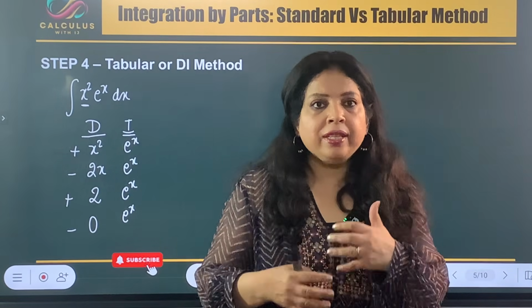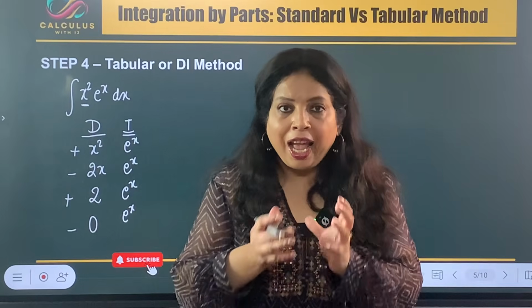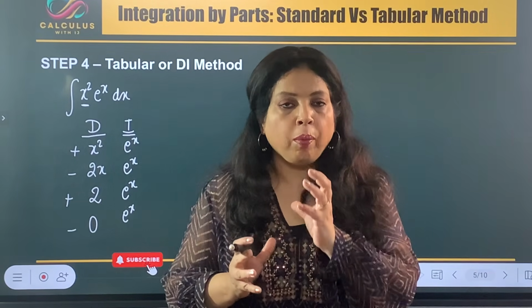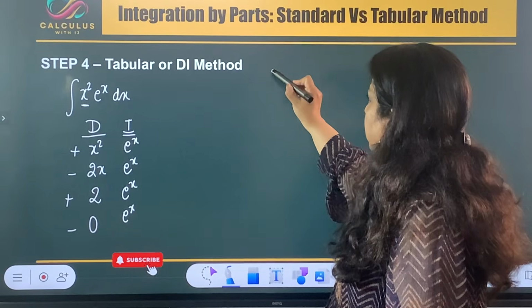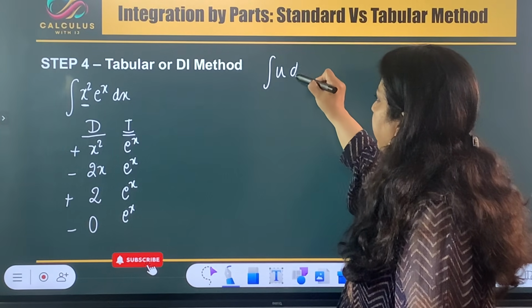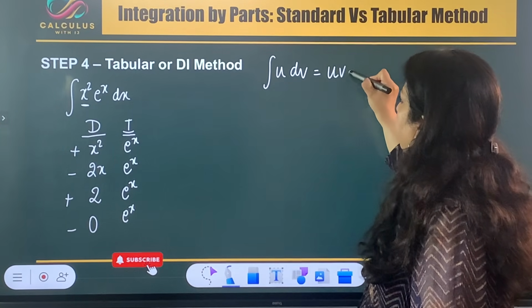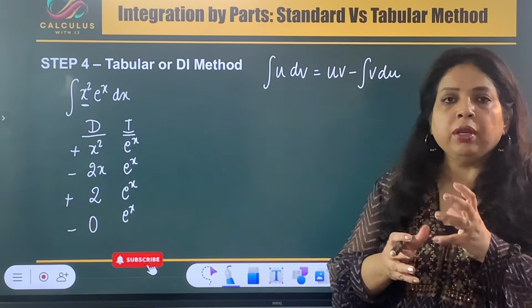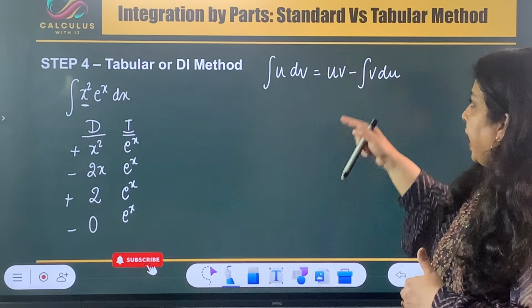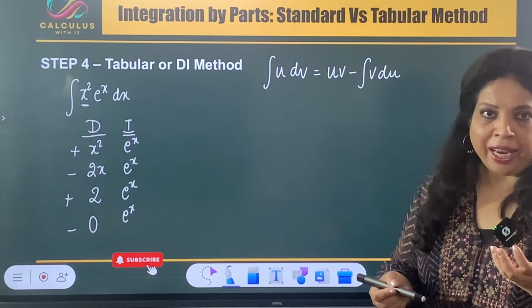Now where do these signs come from? They actually come from the formula of integration by parts. Remember this formula: integral of u dv is equal to uv minus integral of v du. After the first term uv, the next term appears with a minus sign.